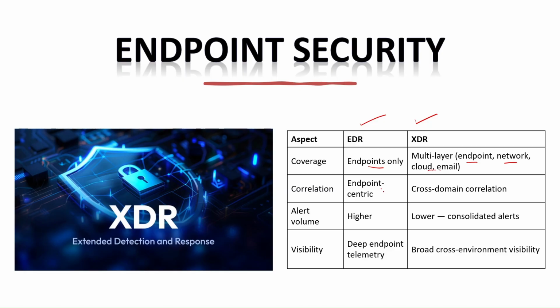Correlation of EDR is endpoint-centric, while XDR gives us cross-domain correlation. Alert volume in EDR is higher, while in XDR there are lower and consolidated alerts. Visibility of EDR is deep endpoint telemetry, while XDR provides broad cross-environment visibility.